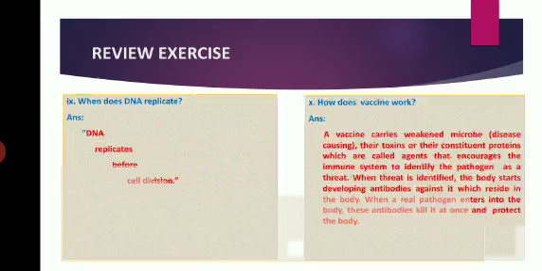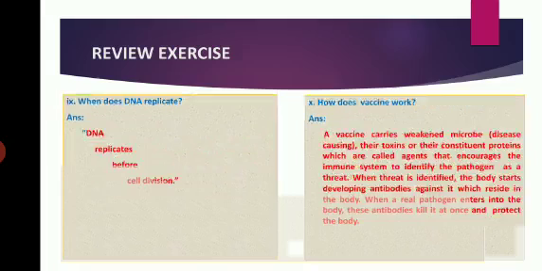When a threat is identified, meaning when the real pathogen attacks, the body starts developing antibodies against it, which reside in the body. And when a real pathogen enters the body, these antibodies kill it all at once and protect the body.